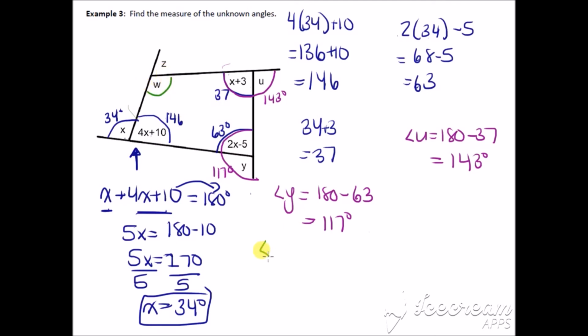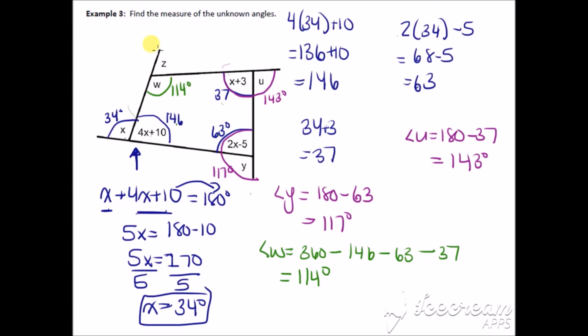So we know that angle W is going to be 360 minus 146 minus 63 minus 37. And I get 114 degrees.